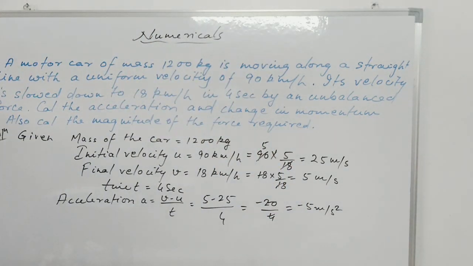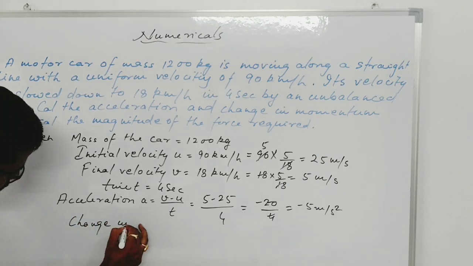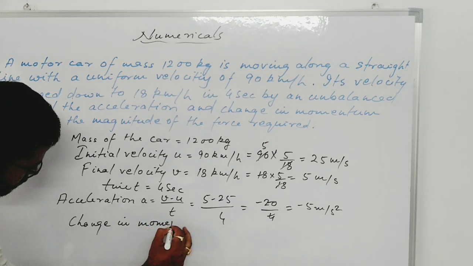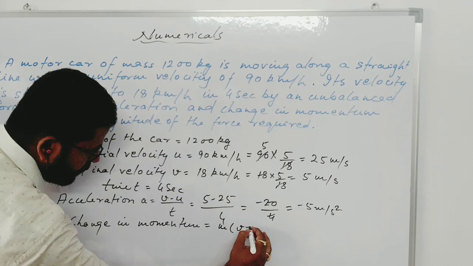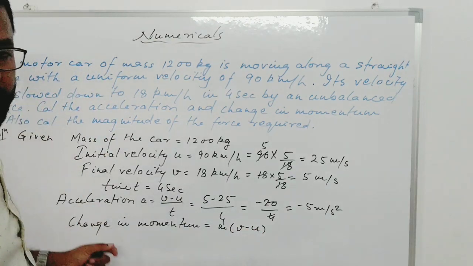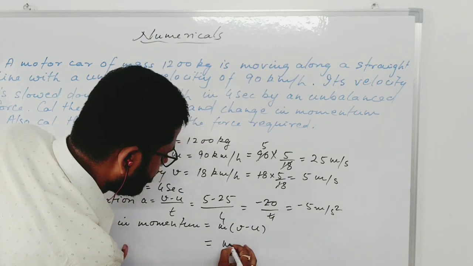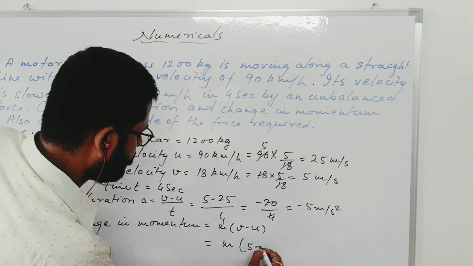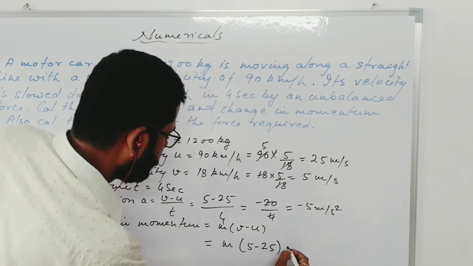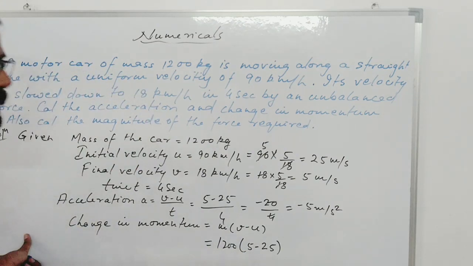After that, change in momentum is equal to m(v minus u). Able to see? That is equal to m, v is 5 minus 25, and the value of m is 1200 kg.